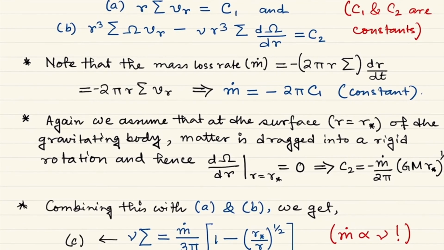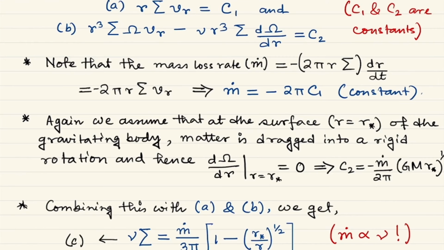Secondly, if we assume that at the surface R is equal to R star of the gravitating body, that means at the radius of the central body, for example the neutron star or the compact star or the black hole, the matter is dragged into a rigid rotation process. Okay, and then d omega dR is constant there. Okay, that's a fair, reasonable approximation.